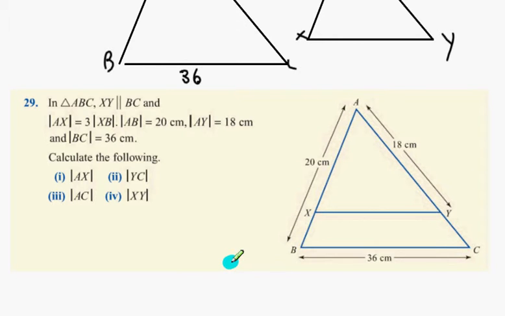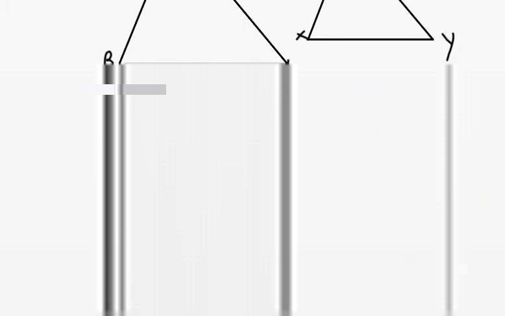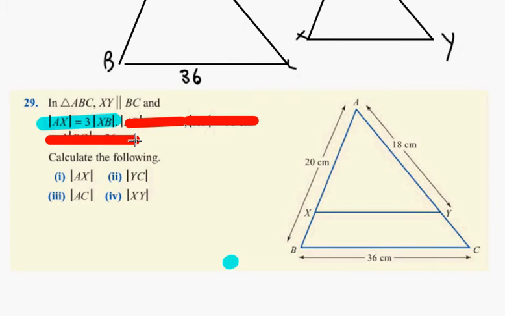A to X is 3 times XB. We've already used AB as 20. We've used AY equals 18, and we've used BC equals 36. The only piece of information I haven't used is the one about AX being 3 times XB.